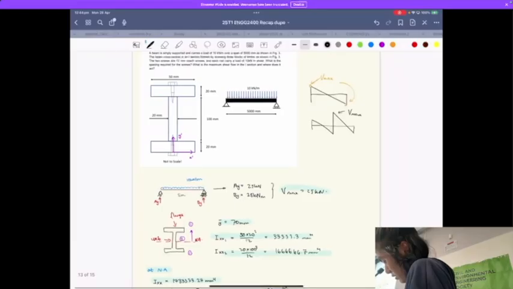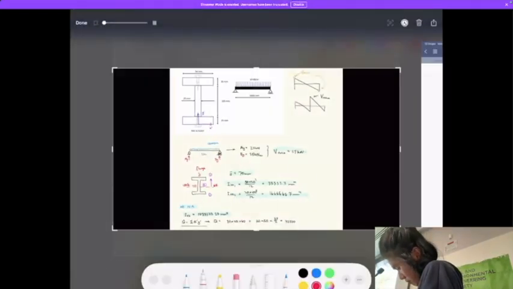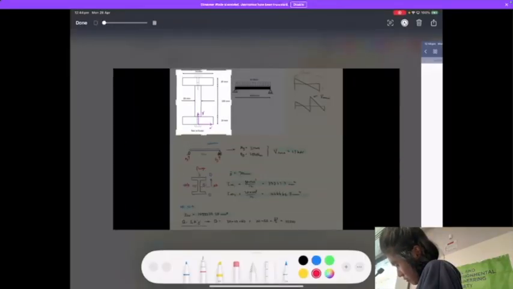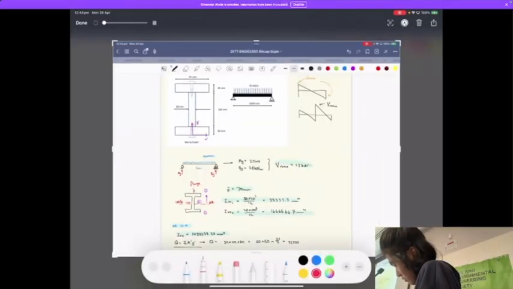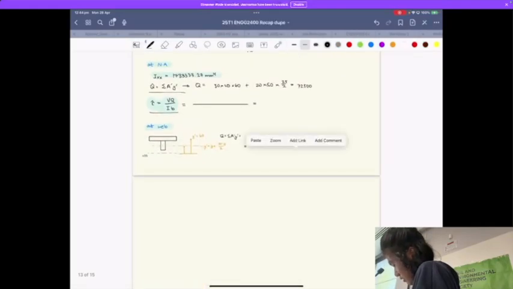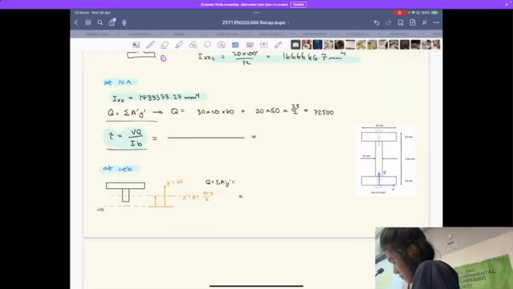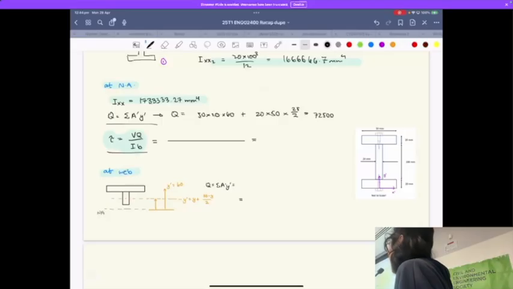I'll see if I can redraw this. You might be asking, is there another shape? There is another shape.